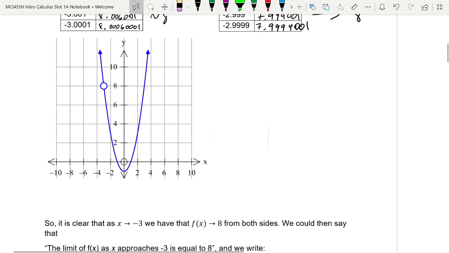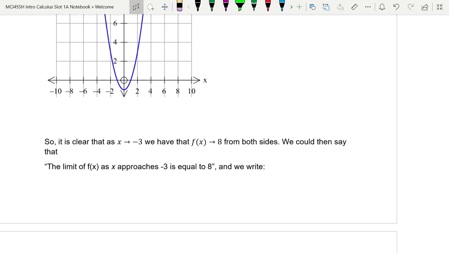So it's clear that as x is approaching -3, the function of x is approaching 8 from both sides. We can say then that the limit of f of x as x approaches -3 is equal to 8. And we write the limit of f of x as x approaches -3 is equal to 8.